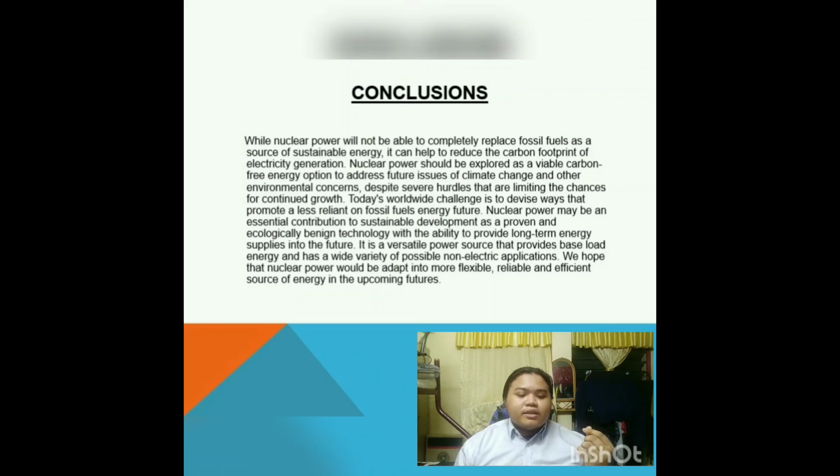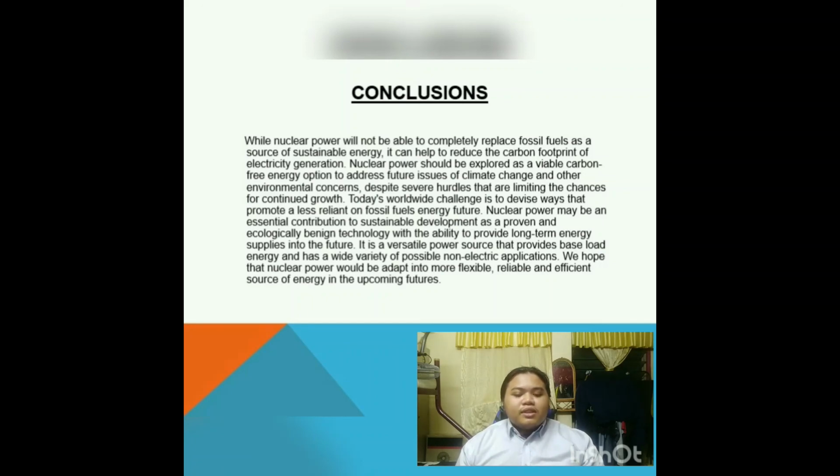Today, the worldwide challenge is to devise ways that promote a less fossil-fuel-reliant energy future. Nuclear power may be an essential contribution to sustainable development as a proven and ecologically benign technology with the ability to provide long-term energy supply in the future.